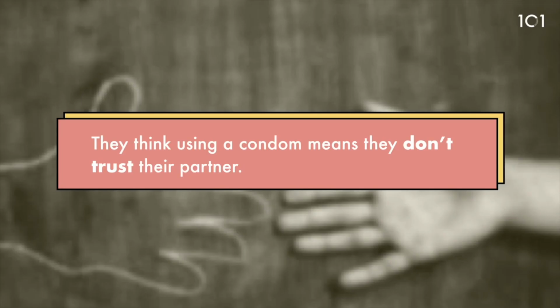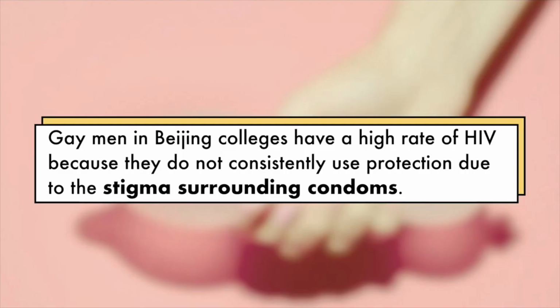So our insight is that students think using a condom makes it seem like they're not clean, or they are afraid that their partner is not clean. That's when we realized this is an entry point for us to overcome stigma. So we think gay men in Beijing colleges have a high rate of HIV because they do not consistently use condoms, due to the stigma surrounding condoms.